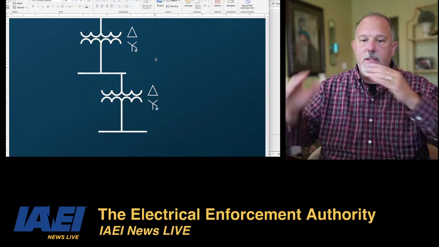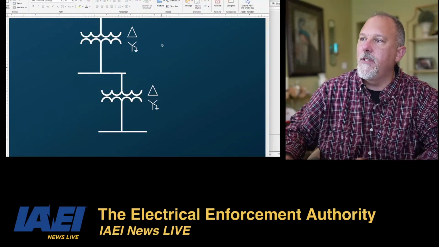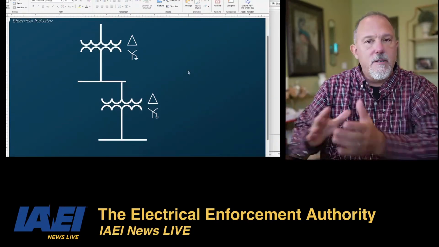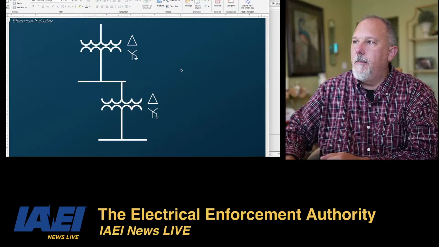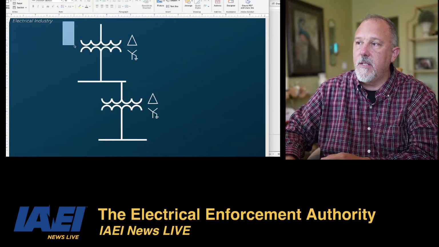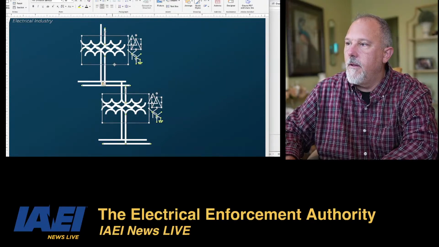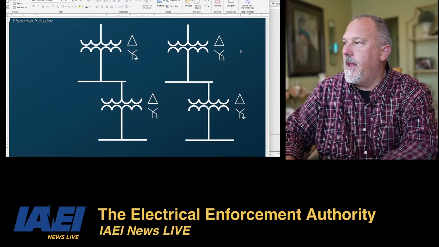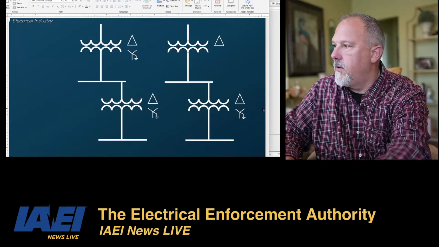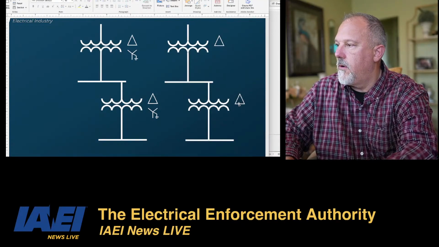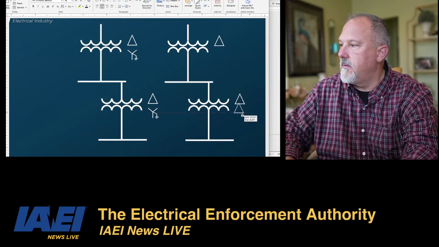All right, so I have a delta Y ground and a delta Y ground. This entire system is grounded. If it was an ungrounded system, then everything would be deltas.